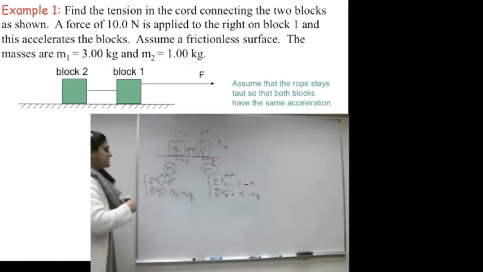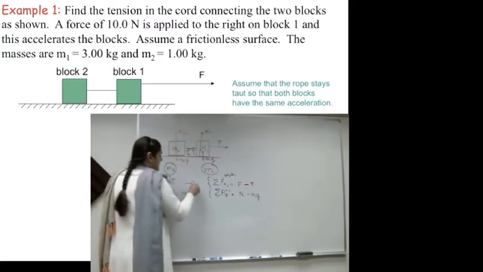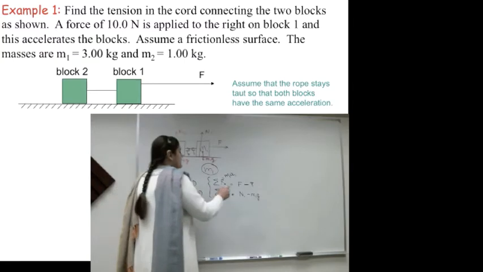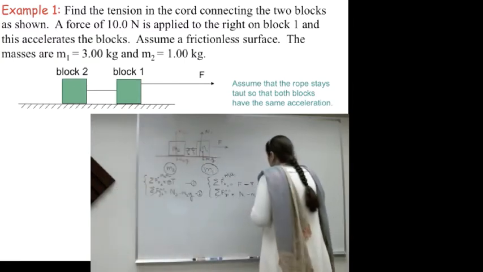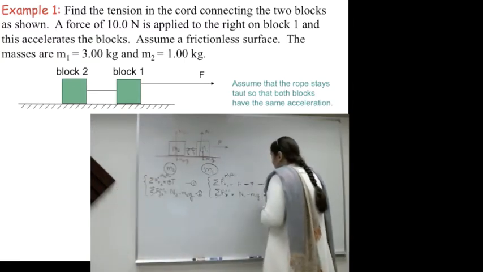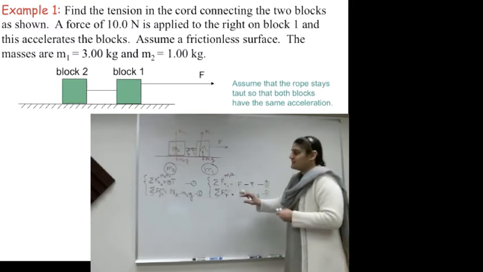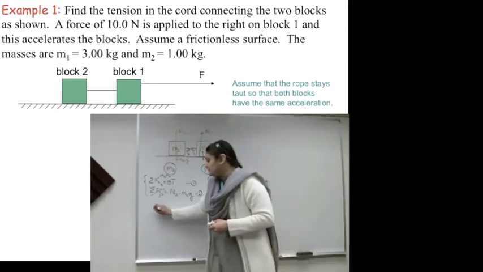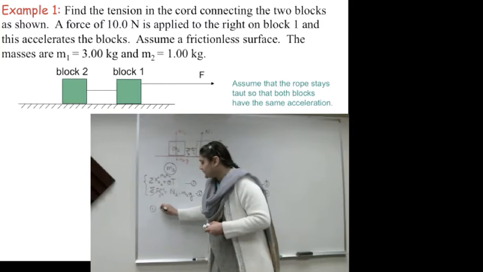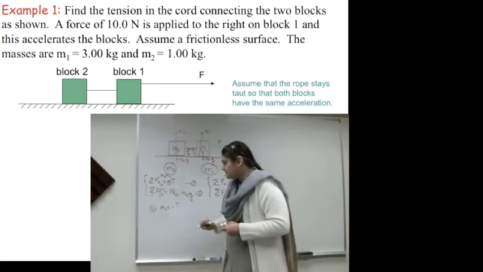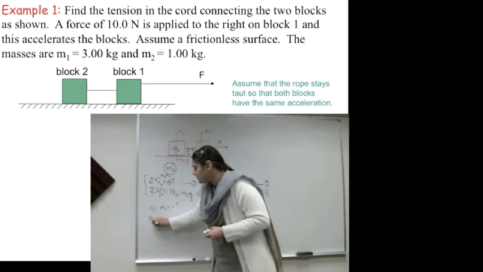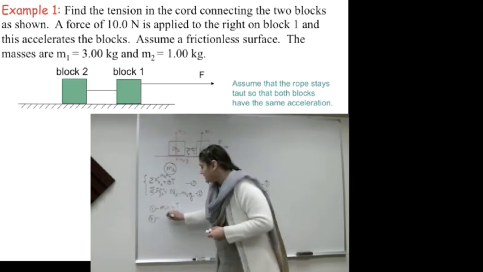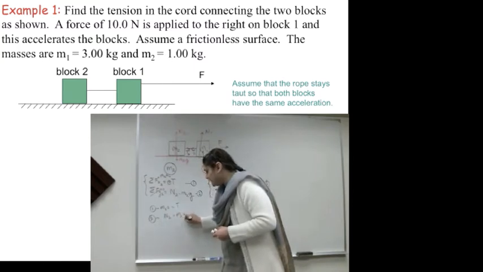So, if I take this as equation 1, this as equation 2, this as equation 3, and this as equation 4, I can rewrite all of these expressions as the following. From equation 1, I have m2a equals tension. From equation 2, I have N2 equals m2g.